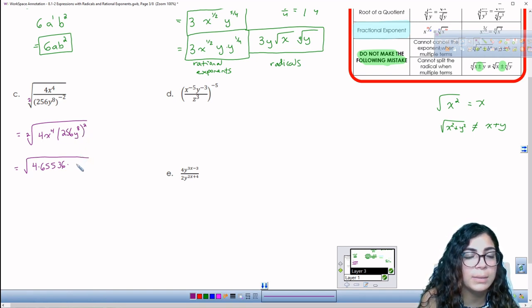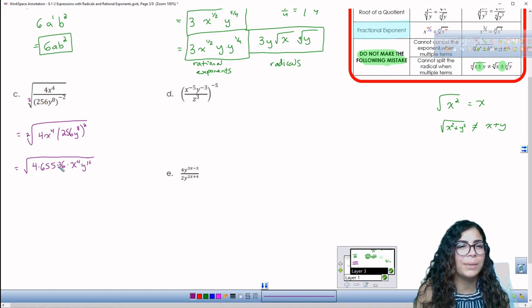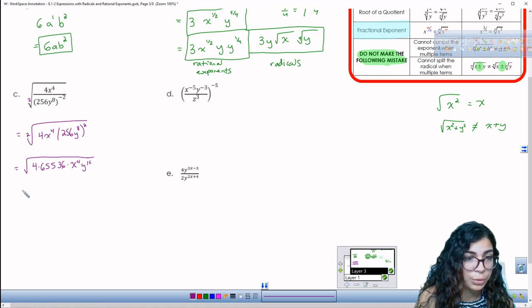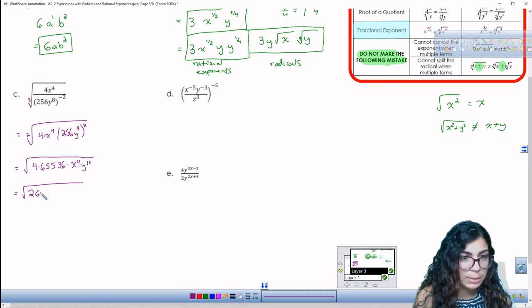And then y to the power of 8 to the power of 2, of course, 8 times 2 would be 16. So I have x to the power of 4, y to the power of 16. All right. I can also then multiply the 65,536 times 4, which is 262,144.